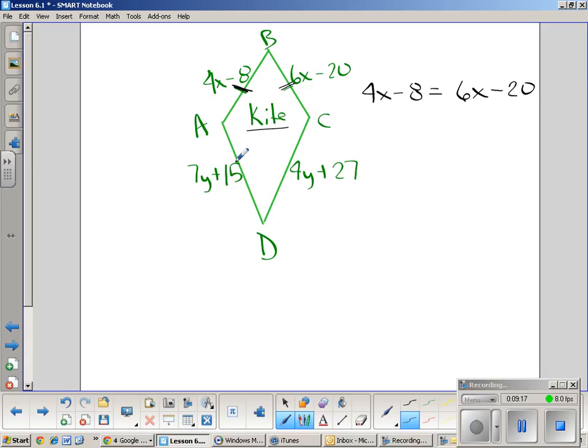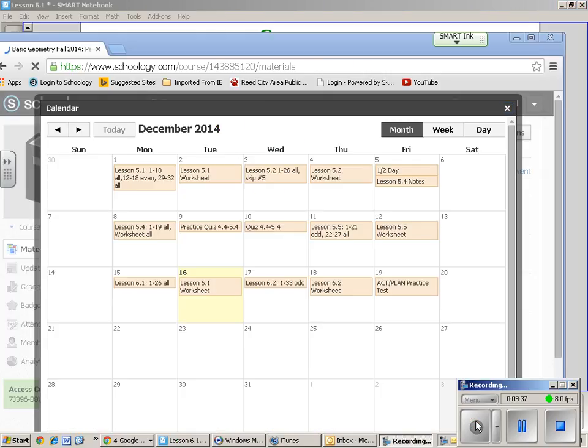What's that mean about these two sides down here? They're equal also. And so the other one would say 7y plus 15 equals 4y plus 27. That's right. Does anybody want help solving these two? No. Okay. We're actually looking at today's homework as what was Monday's, 6-1, 1 through 26 all.